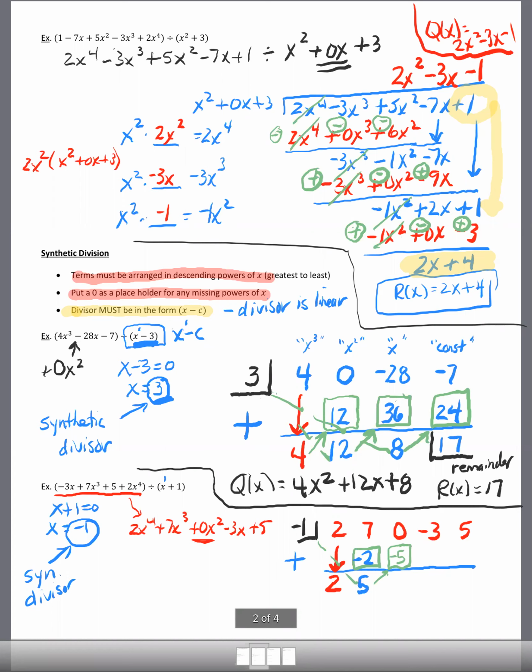When we add those two up then, we do get a -5. Once again, we have another column for us to fill.